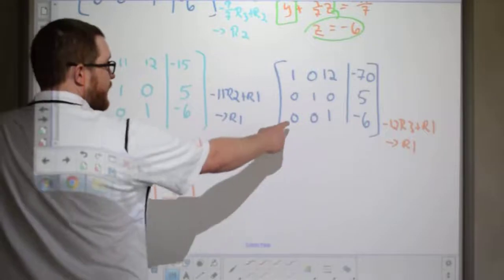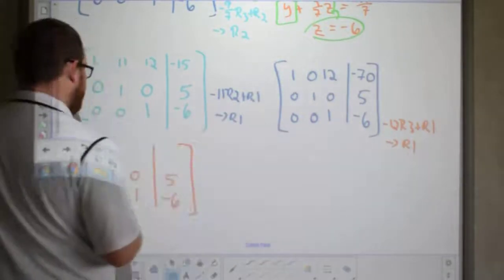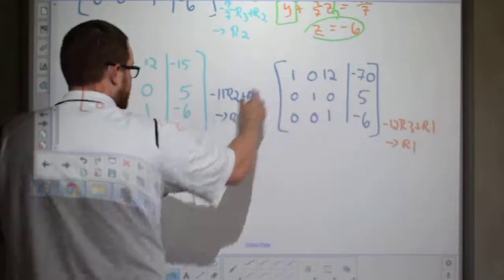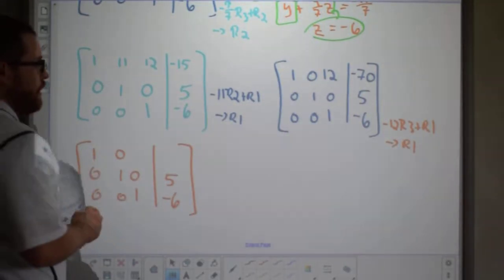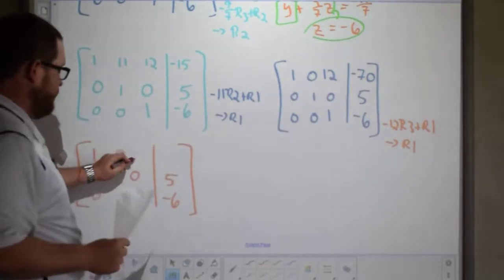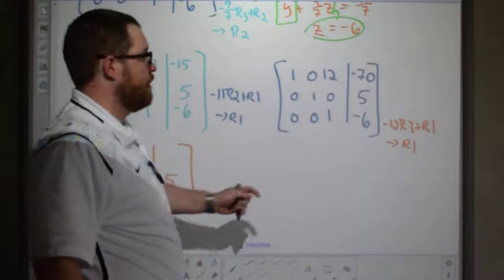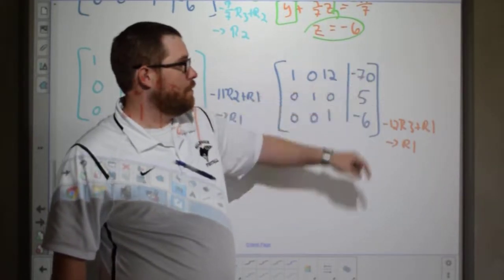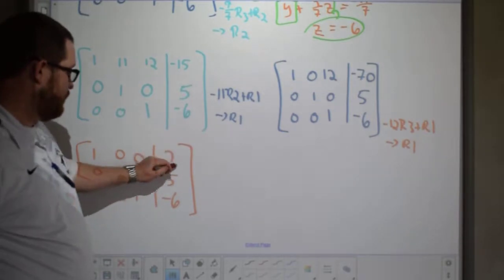So, negative 12 times 0 plus 1 is 1. 0 times negative 12 plus 0 is 0. Negative 12 times 1 is negative 12 plus 12 is 0. Negative 6 times negative 12 is positive 72 plus a negative 70 is 2.